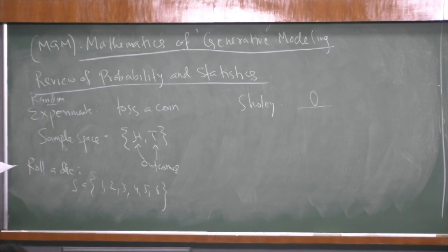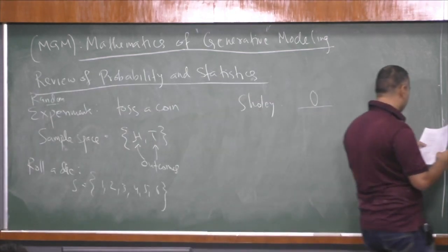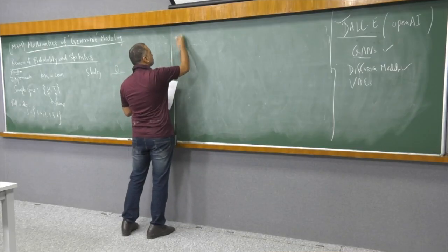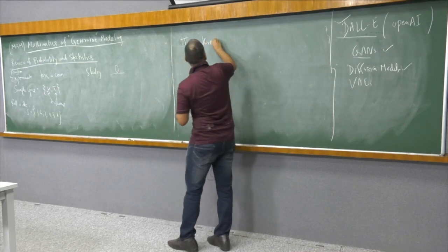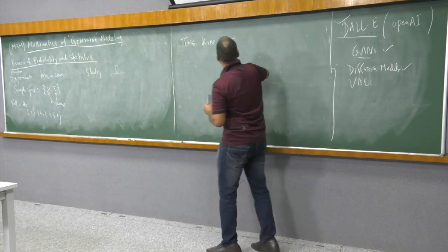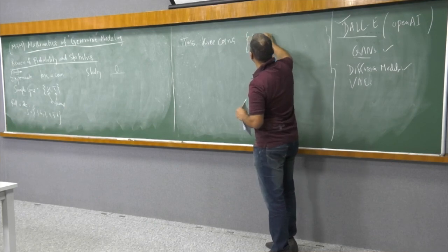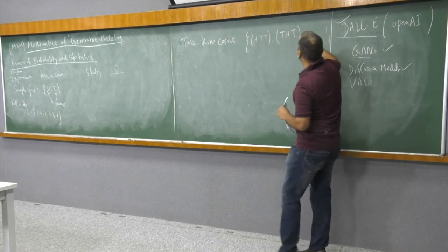We can also have sample spaces made of tuples of outcomes. For instance, I can toss 3 coins at a time. In this case, the sample space will be like head, tail, tail, then tail, head, tail, and so on.